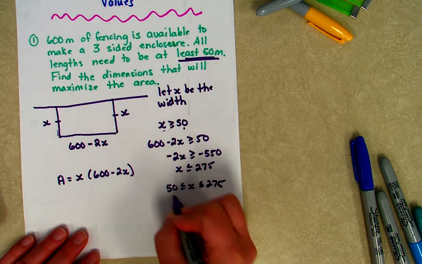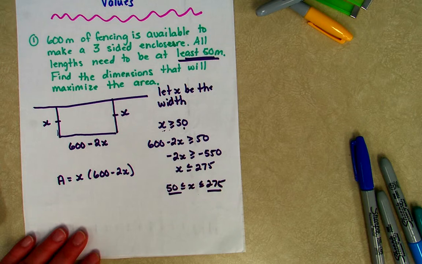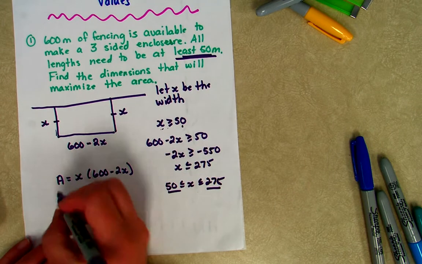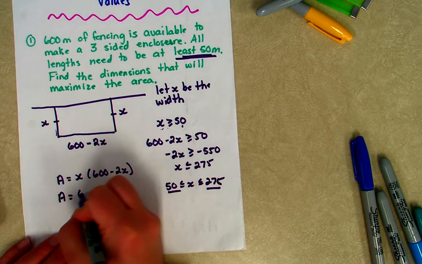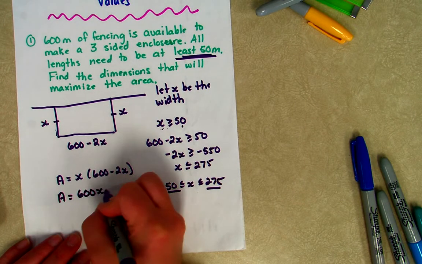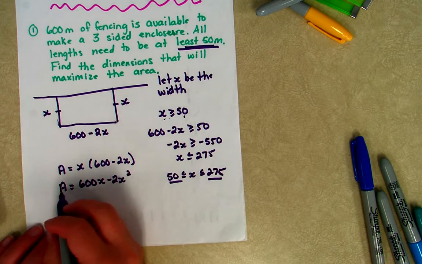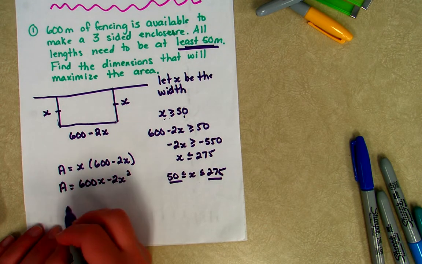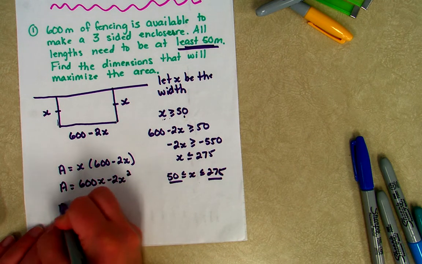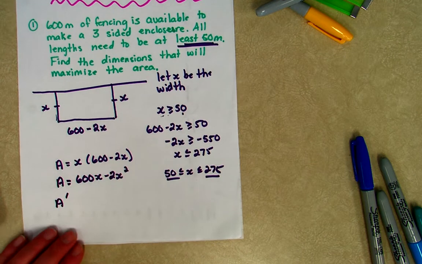So I have to remember to test those endpoints after I solve this question, because A is going to be 600x minus 2x squared. So now the derivative of A with respect to x, you can do dA/dx. We can also use what's called prime notation.